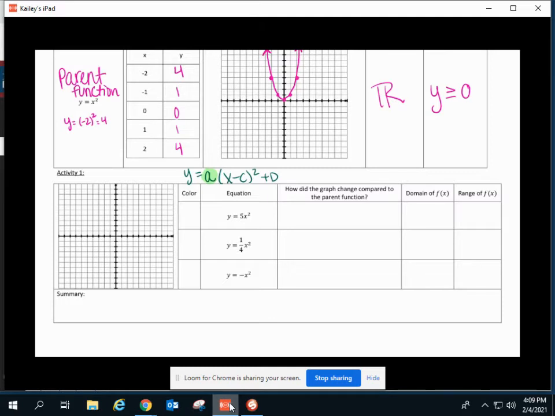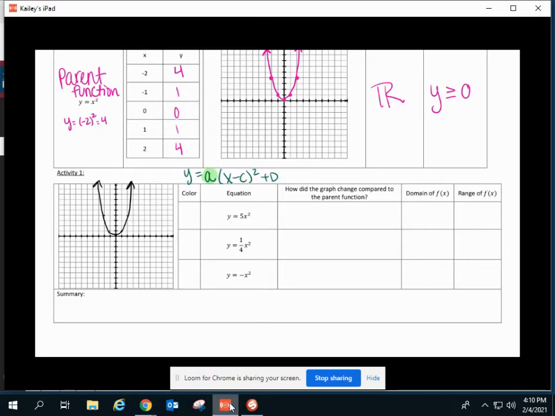Before we graph these new equations, I want us to start by graphing the parent function again. So I'm going to do that here first, just to sketch it out really quick so that we can visually see what these transformations do. So that's our parent function.